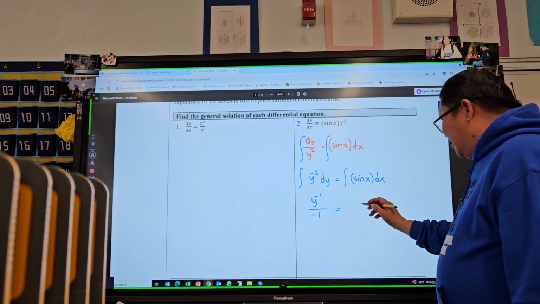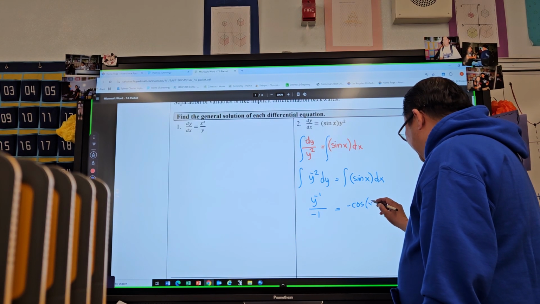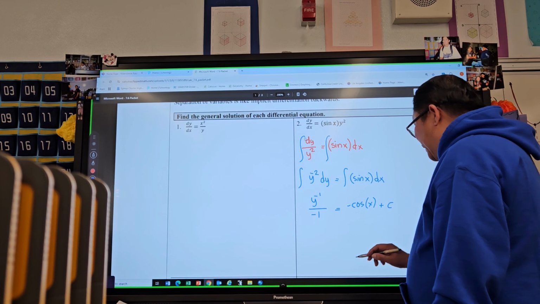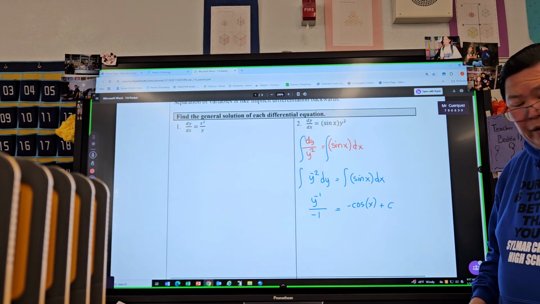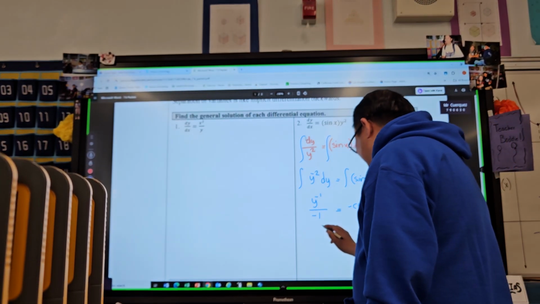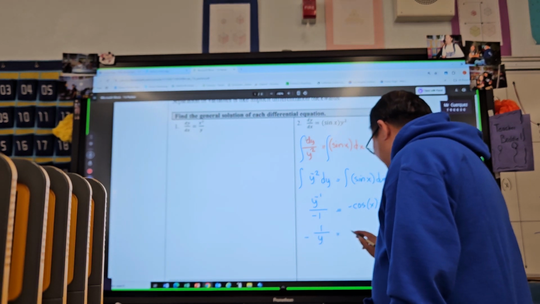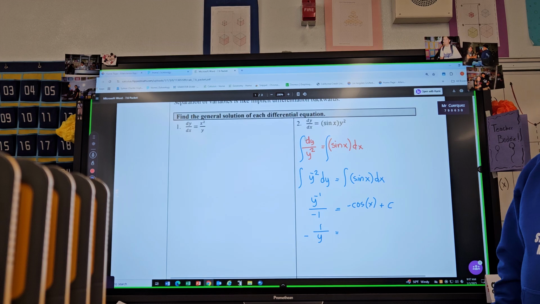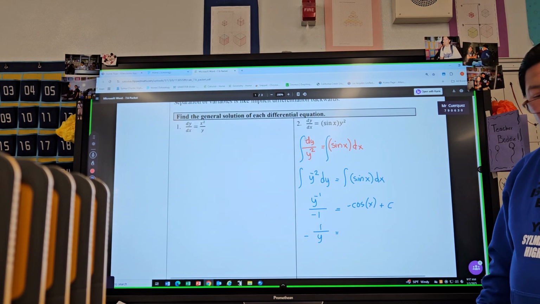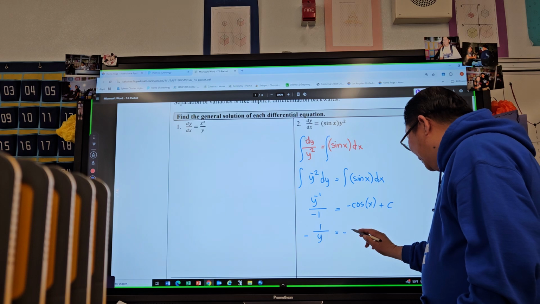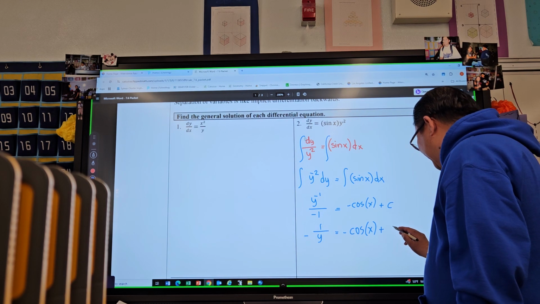Okay, so we have negative cosine x plus the constant. So what to do with this? Bring it down. Okay, so if we bring this down, this becomes now negative 1 over y is equal to negative cosine of x plus the constant.